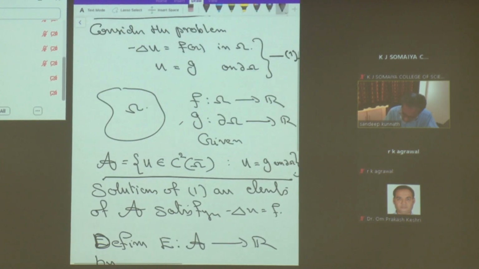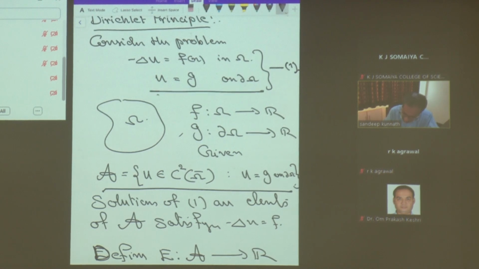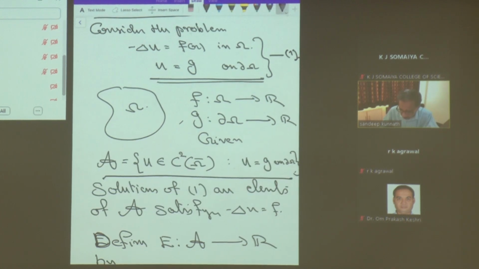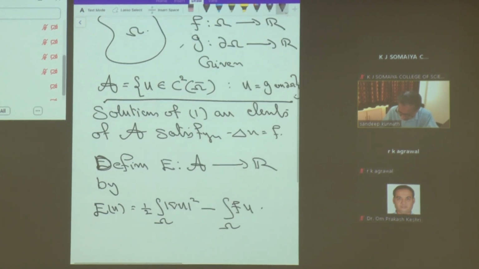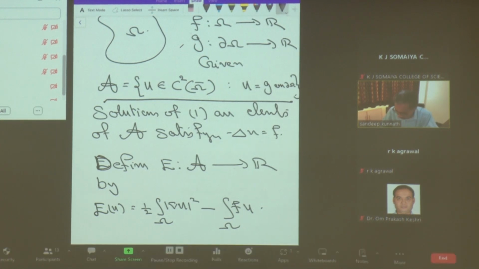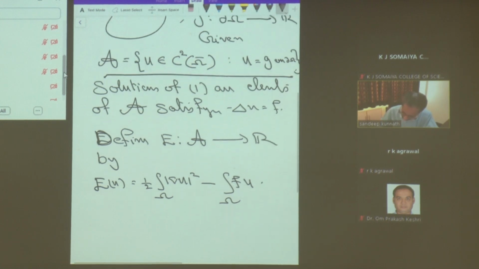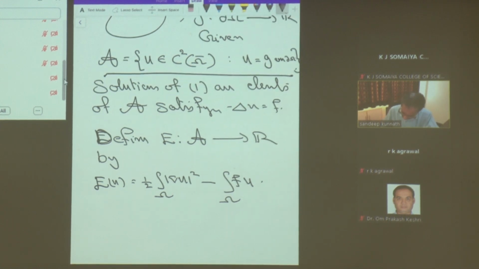So, for example, this equation 1 comes in various physical contexts, and you can write an energy corresponding to that, and this coincides with that kind of physical notion of energy. For example, you can see the first term as a kind of kinetic energy and the other one as a potential energy, whenever that is the context and so on. Okay. So this is for all u in A.